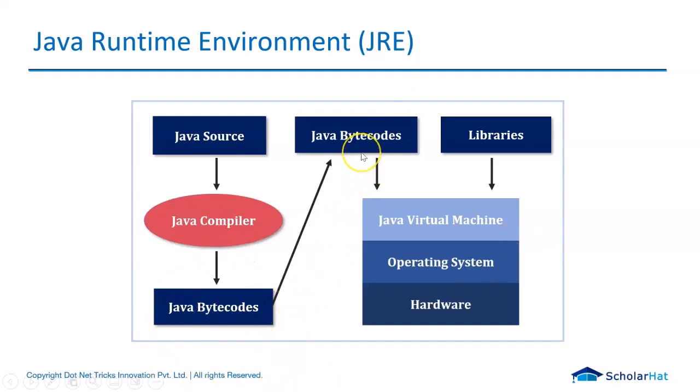That .class file, the Java bytecode, is given to the Java virtual machine, depending on which operating system you want to run your code on. Supported libraries will be added based upon the program that you want to execute and run. That's what we call the bytecode being executable. Once you have this bytecode, you can run it on whichever operating system you want. This is how JRE works.